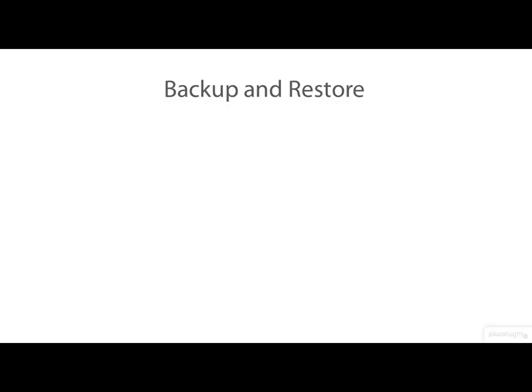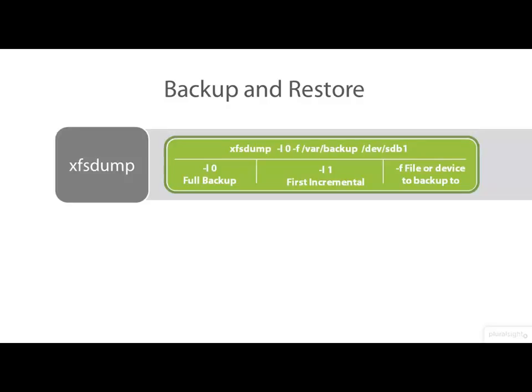We're going to be taking a look now at the backup and restore. So we have a utility xfsdump, and this is the backup utility. We can see from the output there's going to be something like this: xfsdump, and then -L for the level. 0 will be a full backup. -L1 would then be the first incremental backup after the full backup. -L2 would be the second incremental backup after the full backup, and so on. -F is the file or device to back up to.